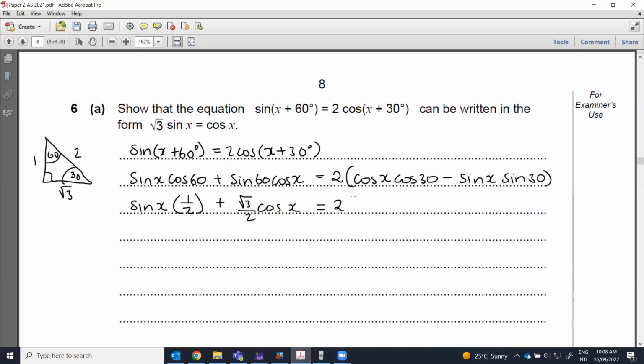Then on this side, the 2 will remain outside. I have cos of x. Cos of 30 is the adjacent over the hypotenuse. So it's times square root of 3 over 2. And then sine of x. Sine of 30, this is the opposite over the hypotenuse. So times a half.